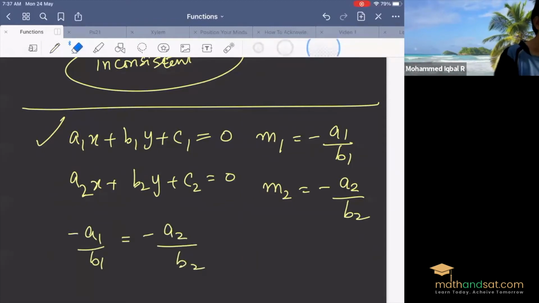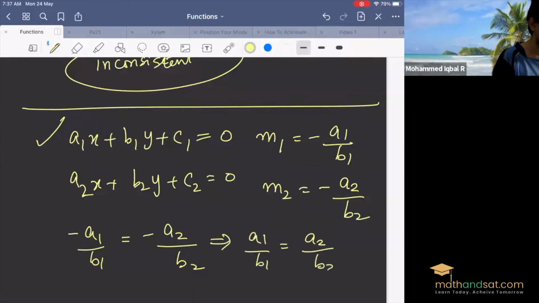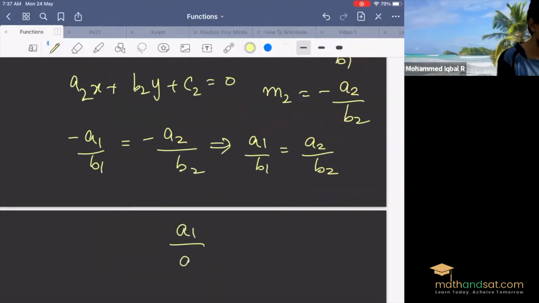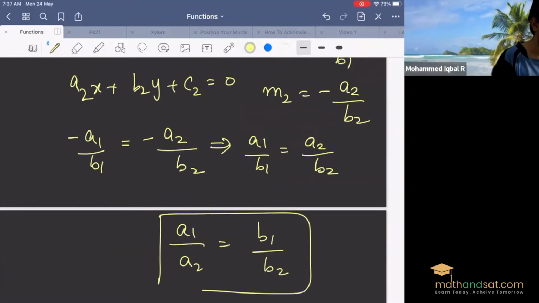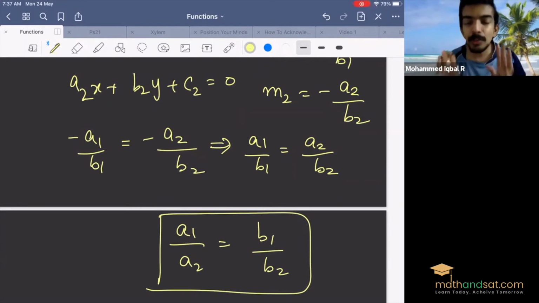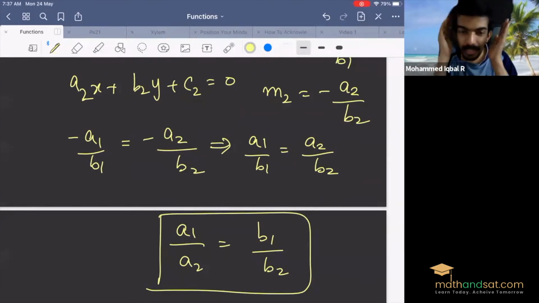This implies a1 by b1 is equal to a2 by b2. Rearrange this proportionality and you get a1 by a2 equal to b1 by b2. So when the coefficients are proportional, it simply means that these two lines have the same slope. They are in the same direction.